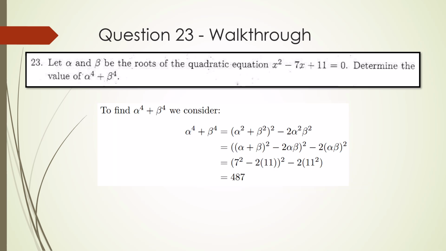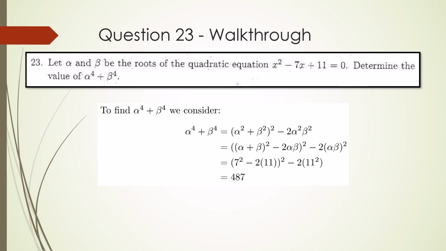And based on Vieta's formula, you get alpha plus beta is equal to 7, and you get alpha times beta is equal to 11. So you get those two relationships. Now you look at what's going on over here. All right. To find alpha to the power 4 plus beta to the power 4, we do a bit of algebraic manipulation, basically.